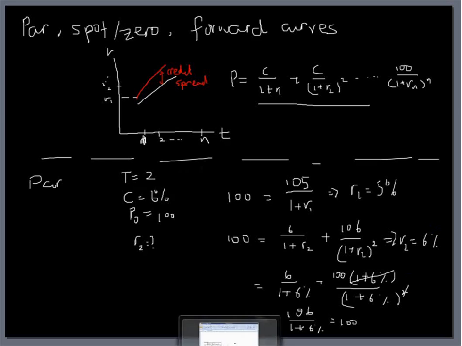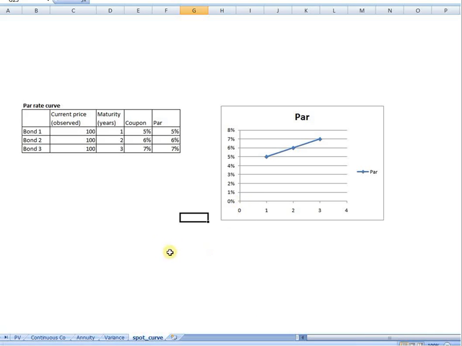Let's look at Excel, where I've illustrated the par curve using 3 bonds. So we have 3 bonds. Current observed price is 100. For the first bond, it matures in 1 year. Second bond maturing in 2 years, and the third bond matures in 3 years. And the coupon is as such 5, 6, and 7%.